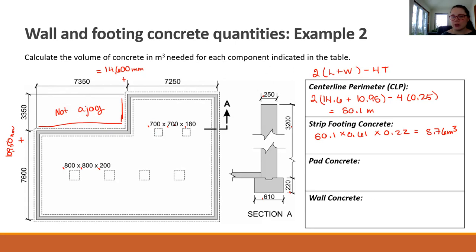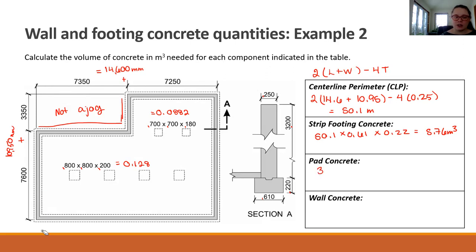So 0.7 times 0.7 times 0.18 leaves me with 0.0882. And then for this one, I've left my decimals in. 0.8 times 0.8 times 0.2 gives me 0.128. Now that's just because sometimes you run out of space and I only have so much screen space here. So for the pad concrete, I need to add all the pads together. So I have not 3, I only have 2.